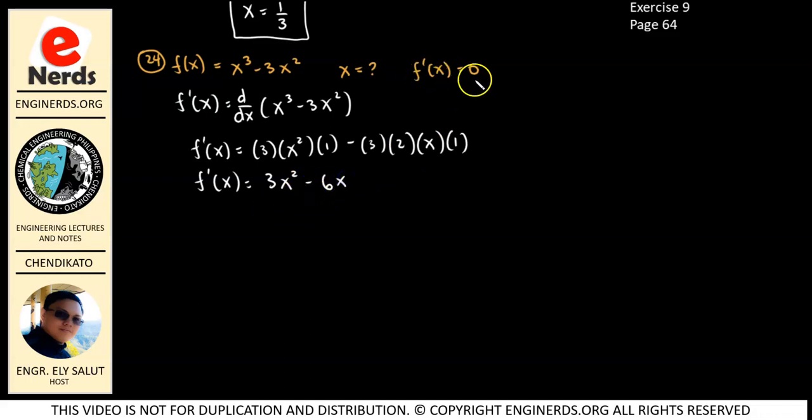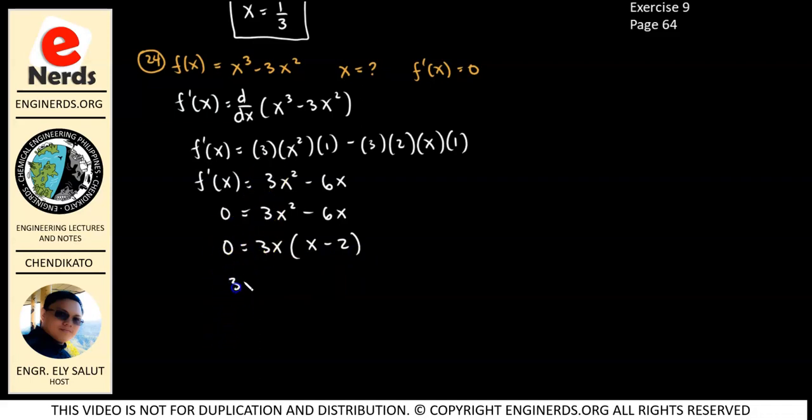Now, our f prime of x is equal to 0. So, we have 0 is equal to 3x squared minus 6x. Okay? So, how are we going to solve for the value of x? First, we can factor out 3x from this equation. So, we have 0 is equal to 3x times (x minus 2). Therefore, from this example, we will have two values of x.